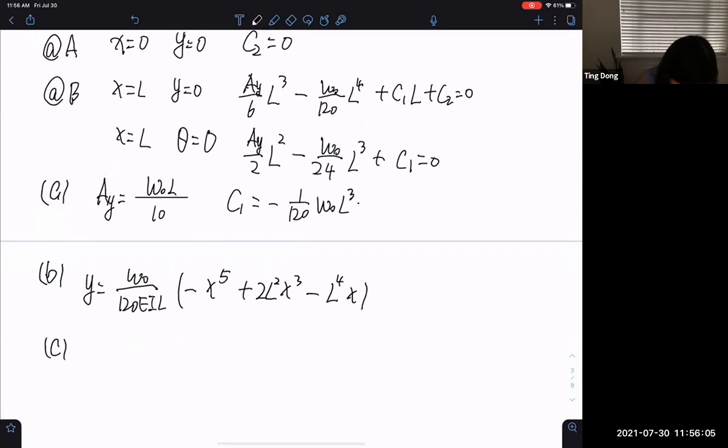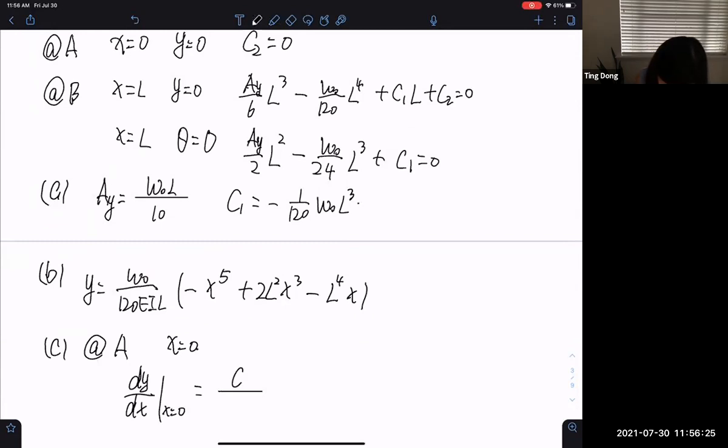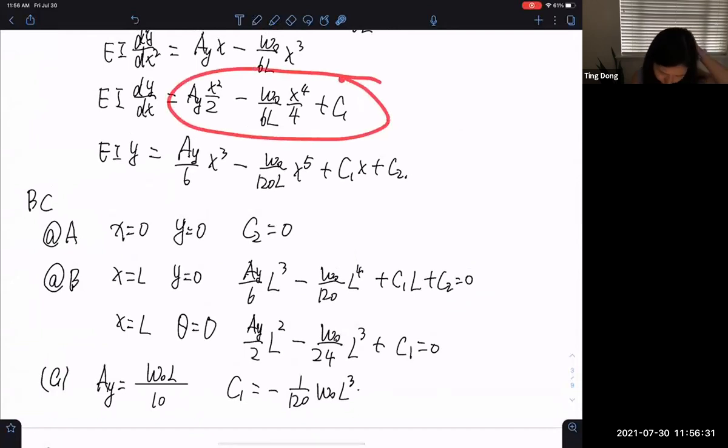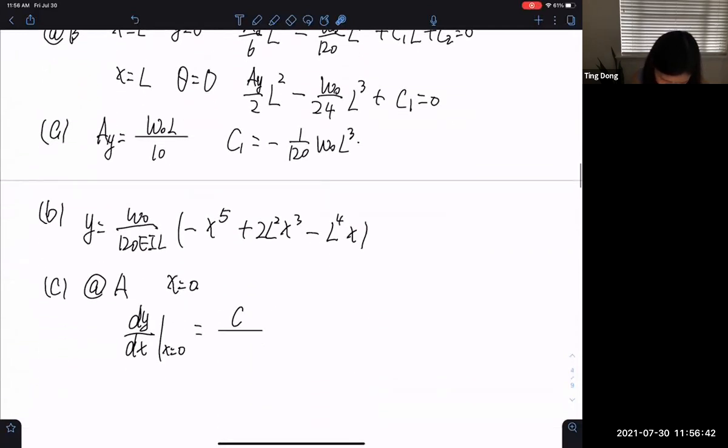And part C asks at point A, x equal to 0, and we need to find the slope there. Where is the equation? It's this equation. When x equal to 0, this one is gone, this one is gone. And the slope here is equal to C1 divided by EI, sorry, EI, not EA.